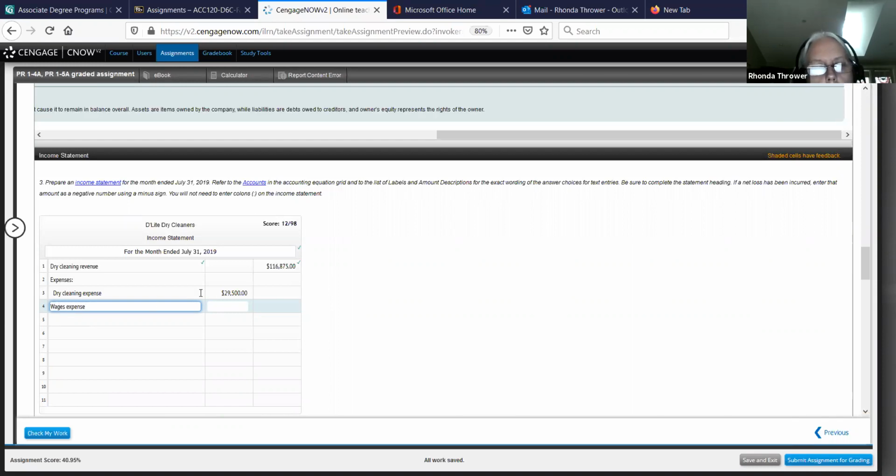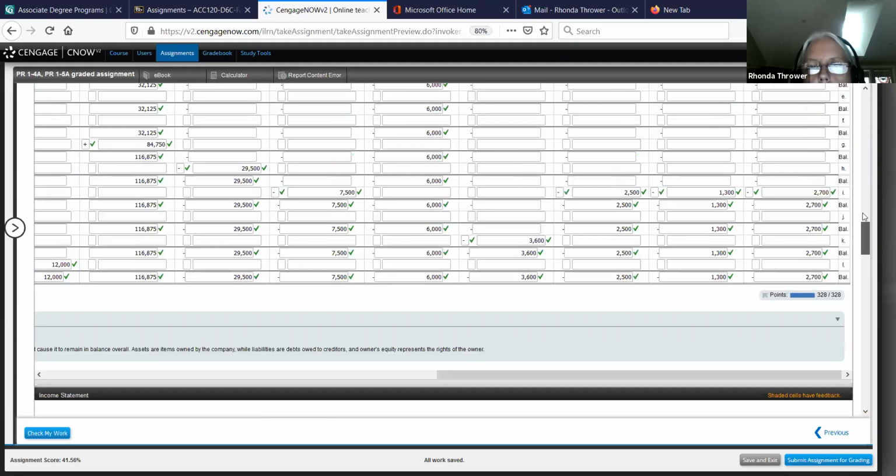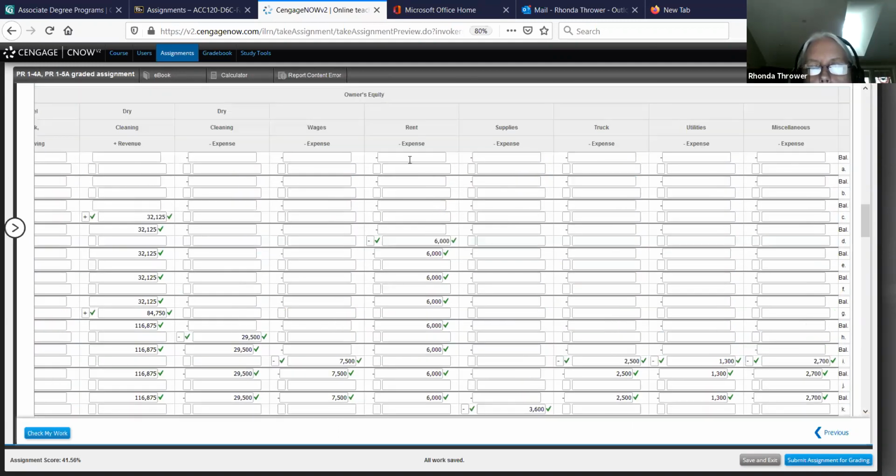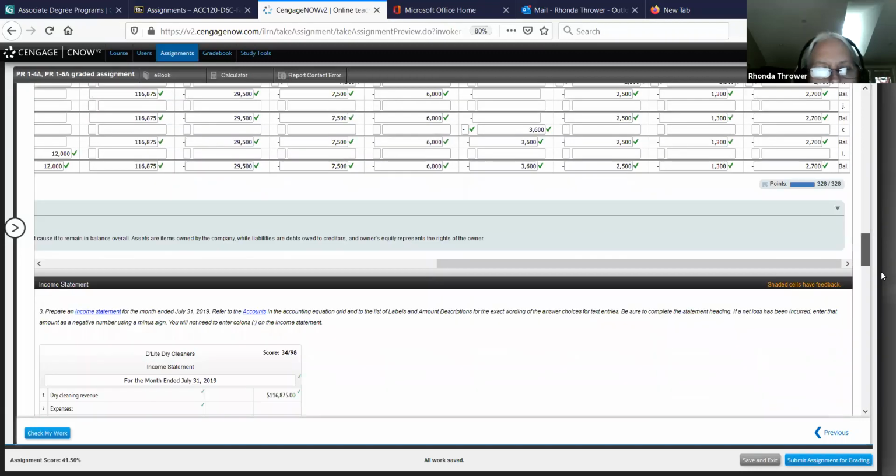So I'm keying in wages expense, $7,500. And you can check your work as you go if you want to. Just make sure you're putting in the right items. The next expense account is rent expense, and it was $6,000.